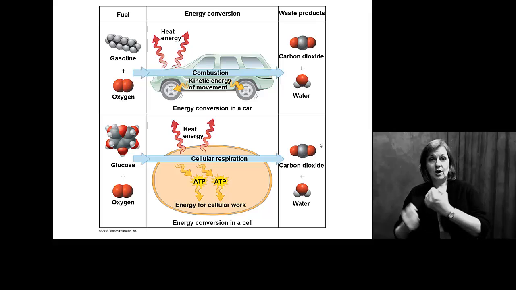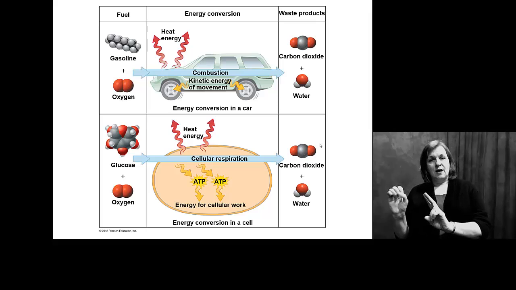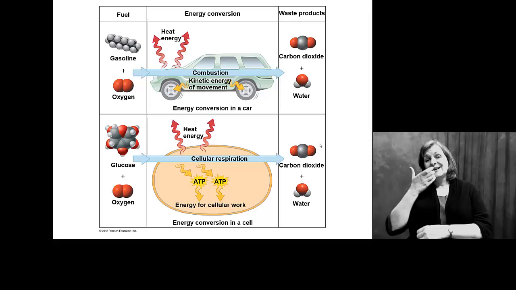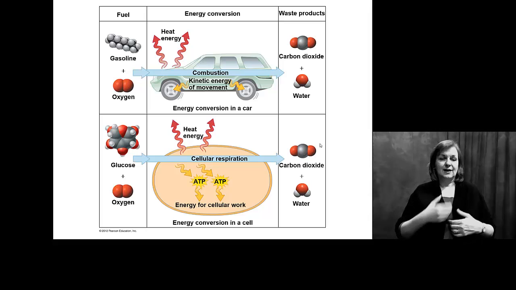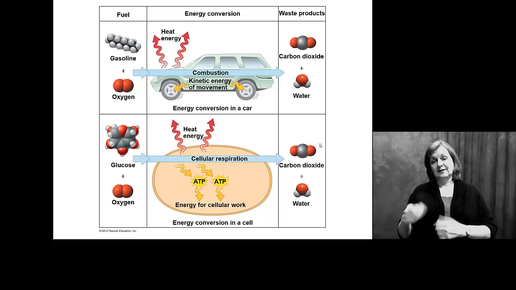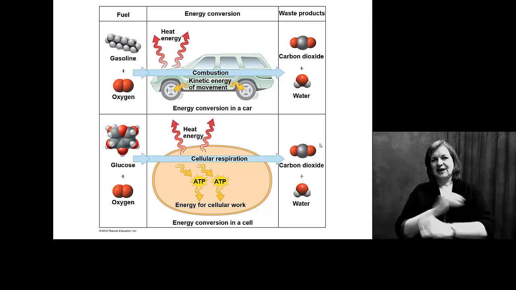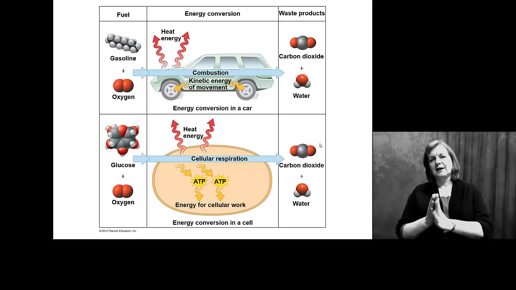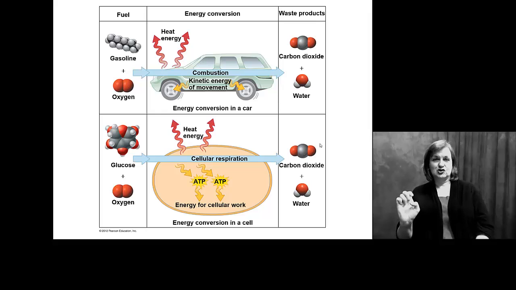Your car also is going to produce CO2 and water, and produces some heat as well, just like you do. But in this case, instead of storing it as ATP, the energy is converted into kinetic energy and allows your car to move forward.